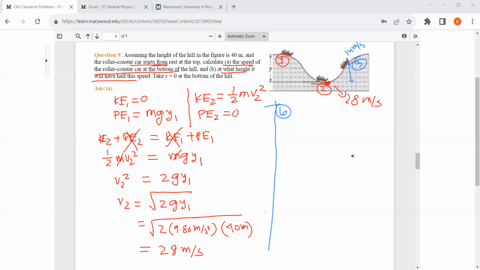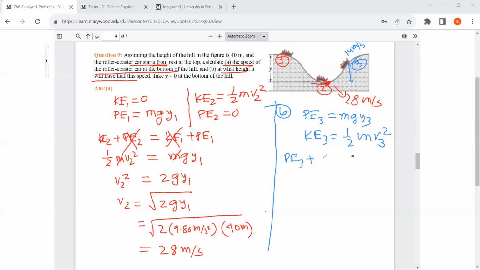Now at position 3, PE3 equal to mgy3, and the kinetic energy 3 is half mv3 square. Now let me use this equation.